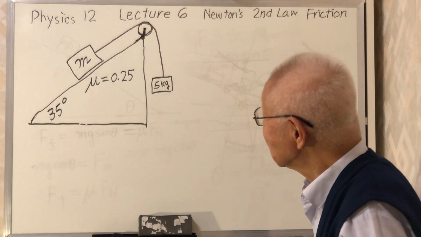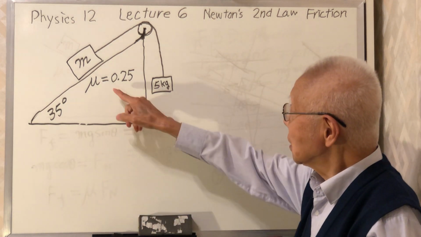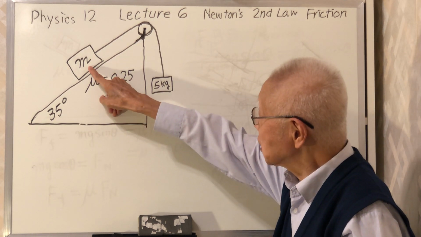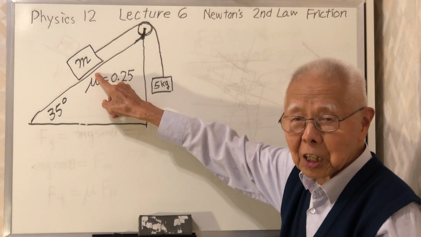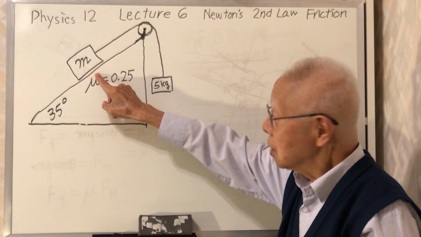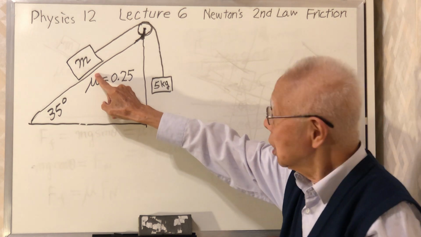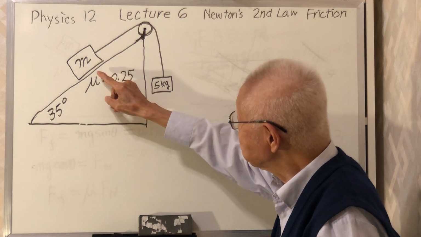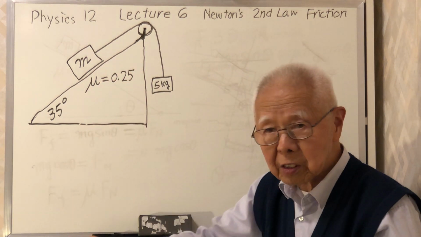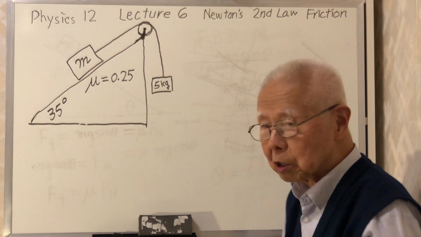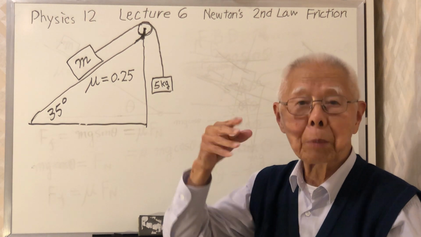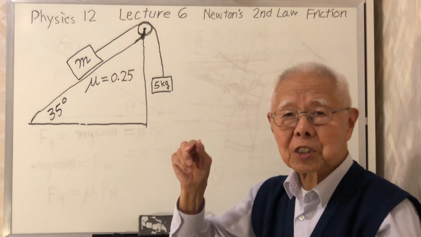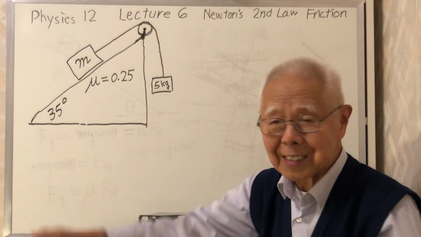Okay, where is the friction? Of course, the coefficient of friction is given. So the friction is between this bottom face and the inclined plane face. But in which way is the friction force? The friction may be this way, maybe that way, right? Now you have to remember the problem. The problem says, if m just increases a little bit, this will slide down.